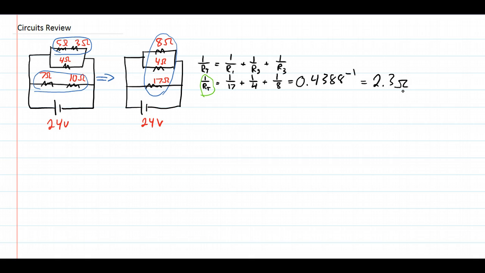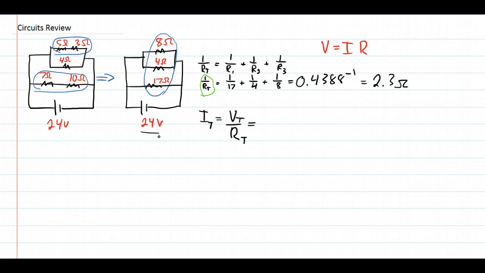So we can use this total resistance to find our total current of the entire circuit using Ohm's law, which is V equals IR. So using Ohm's law, we can solve for current, which gives us I equals V over R. And since we're looking for the total current, I use a subscript T for total, we need to make sure we use the total voltage and the total resistance.